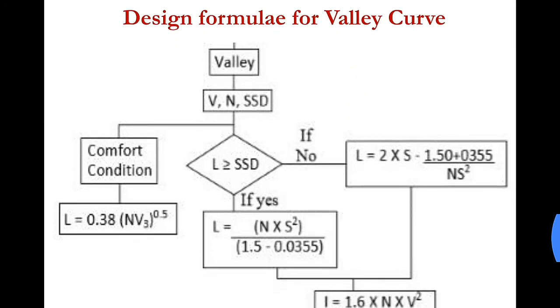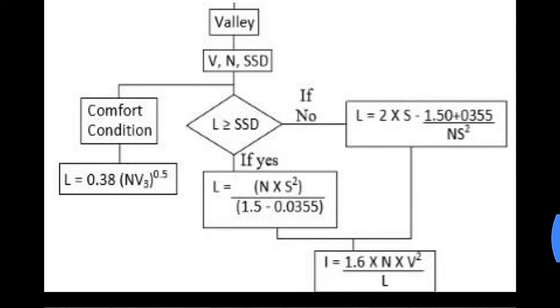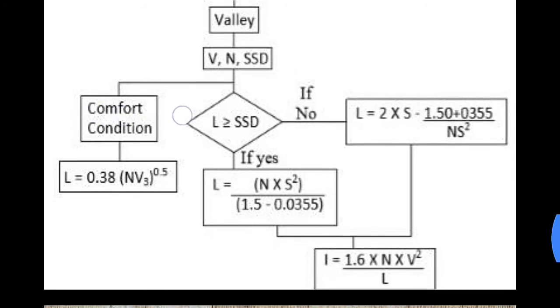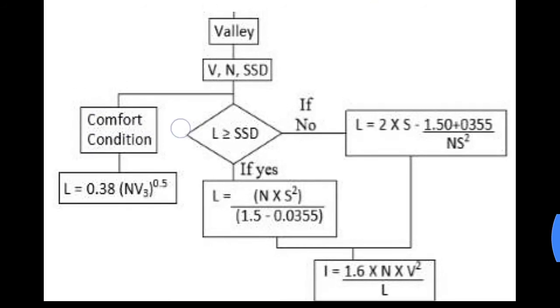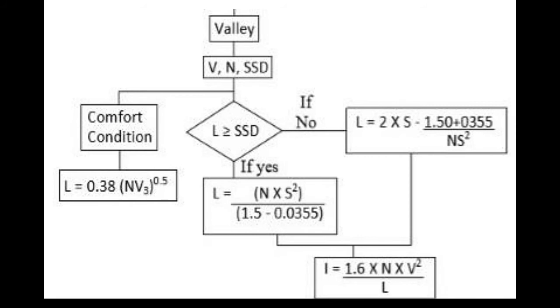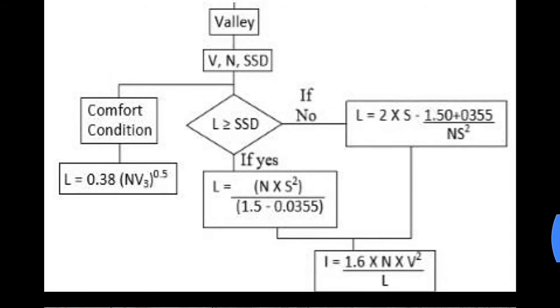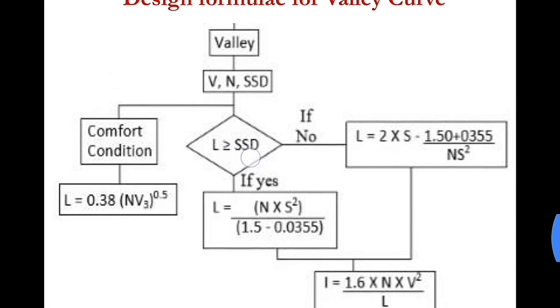Now the formulas are used for design of valley curve. There are two conditions used. First is comfort condition, we design using comfort condition, and later on we design using HSD. HSD is headlight sight distance, and we know that HSD is equal to SSD, so this can be interchanged with SSD.